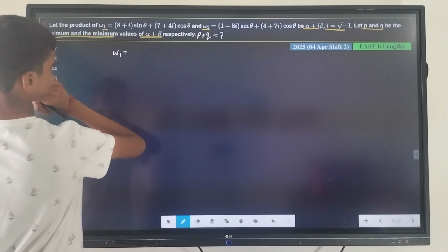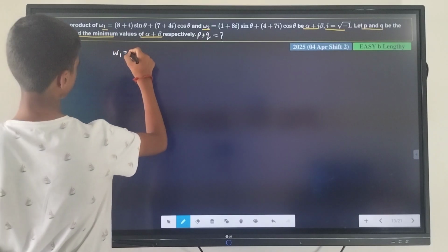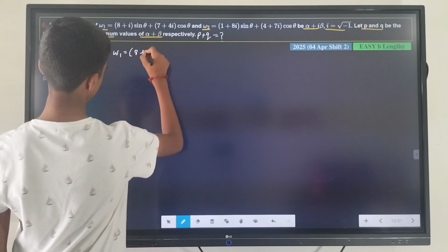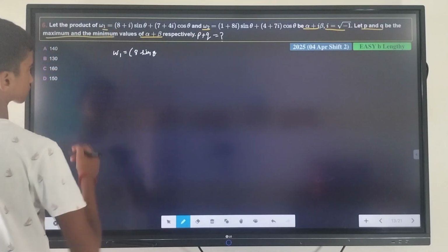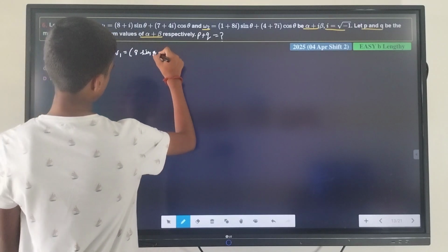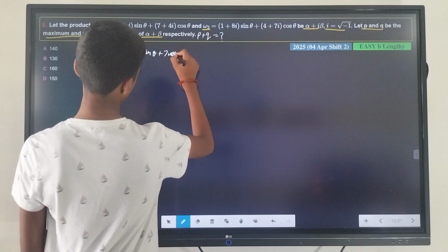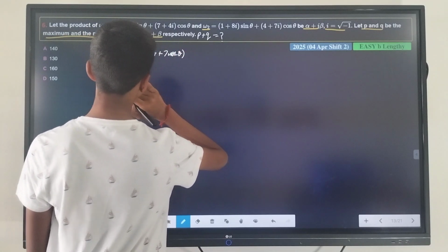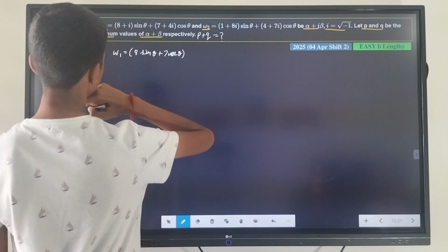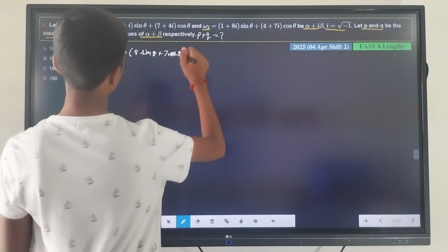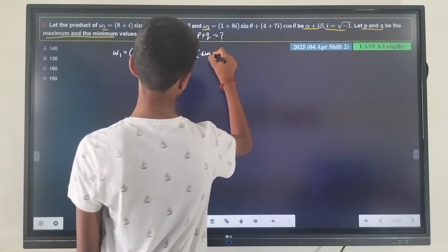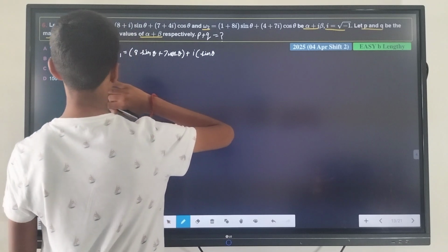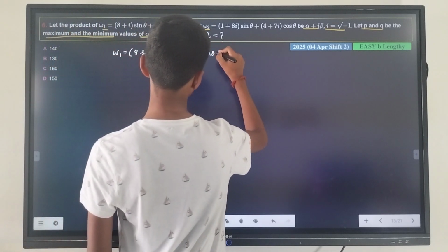Omega 1 is equal to 8 sine theta plus 7 cos theta plus with iota we will get sine theta plus 4 cos theta.